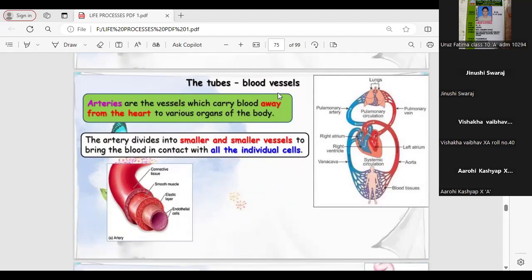So arteries are the blood vessels which carry blood away from the heart. And veins are the blood vessels which carry blood towards the heart. That means veins will always carry deoxygenated blood except the pulmonary vein.